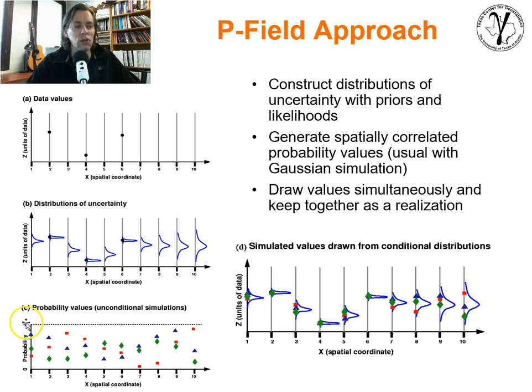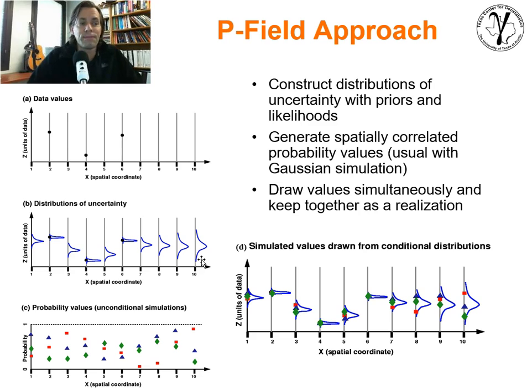So look at the p-values, they are uniformly distributed between 0 and 1, but they have spatial correlation. This realization number 1 is the blue triangles. And you notice that they're spatially correlated. Red squares, spatially correlated. Green diamonds, spatially correlated with each other. 3 different realizations. Then what you do with those p-values is you simply draw from the distributions of uncertainty.